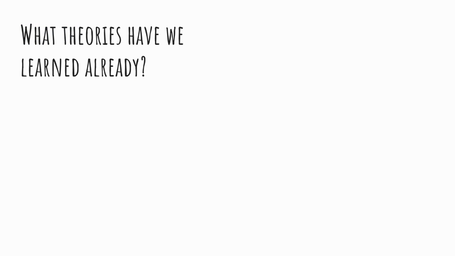What theories have we learned already? Well, I just mentioned two of them, the miasma theory and the germ theory. Can you think of any others? All right. We also have talked about the cell theory. So lots of different scientists' work have contributed to these different theories.